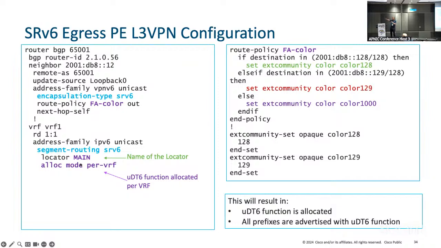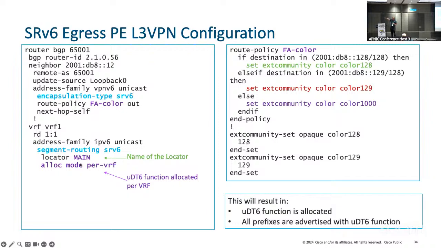So then I can use a different color, so that later on my color is going to drive the SRv6 to go to the different FlexAlgo domain to do the forwarding. But for the moment, let's just use a traditional BGP prefix and that color 1000.